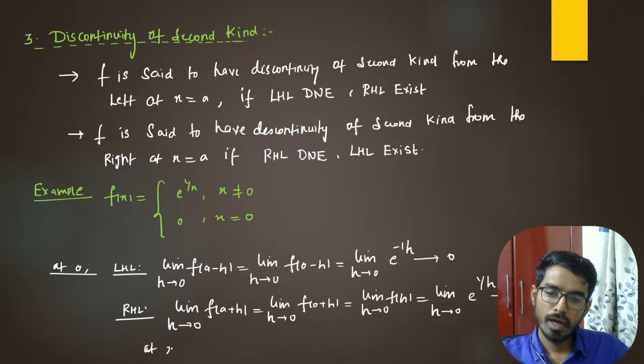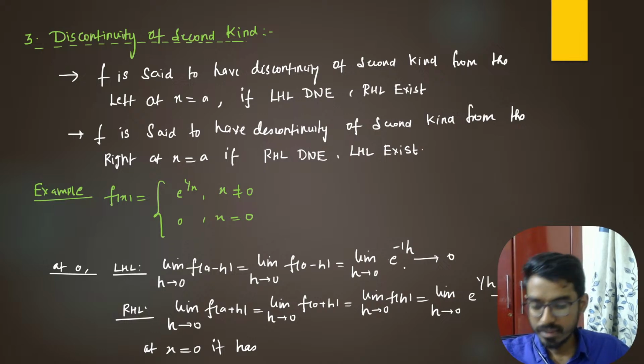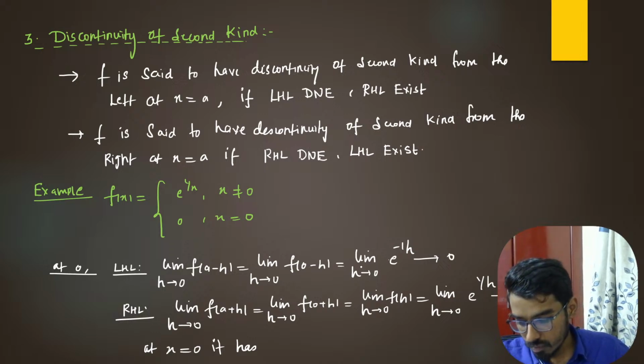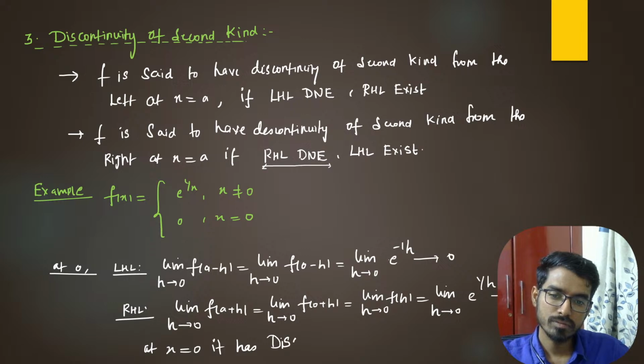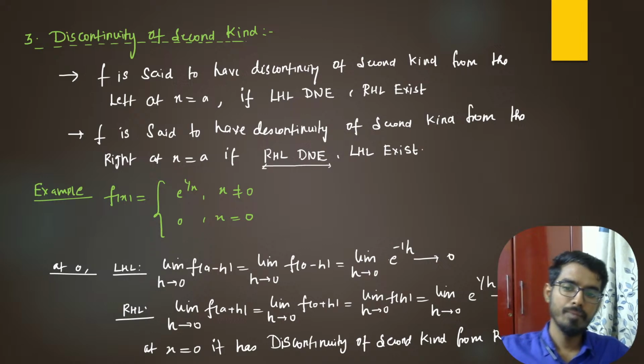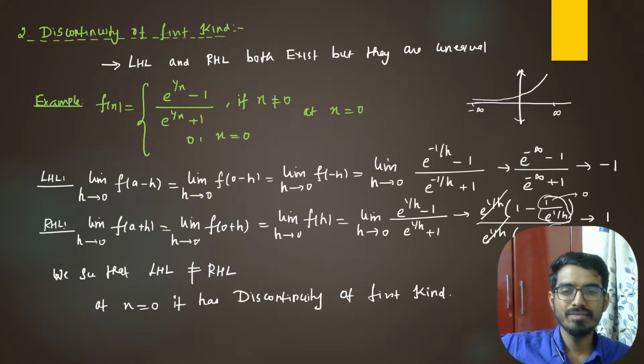That means at x is equal to 0, the LHL is 0 and RHL does not exist, right? That means f at x is equal to 0 has discontinuity of second kind from the right, right?